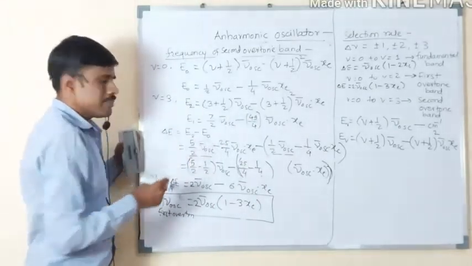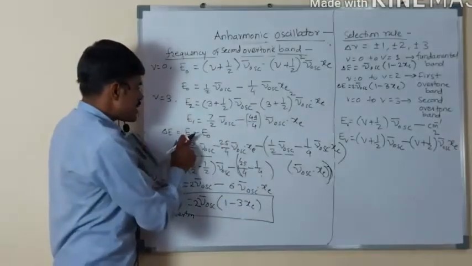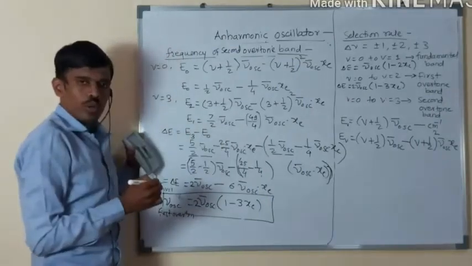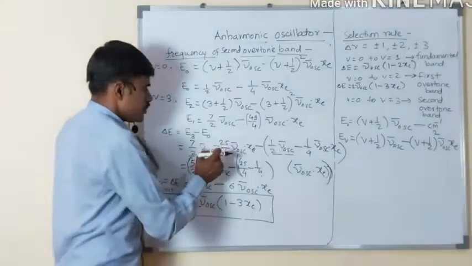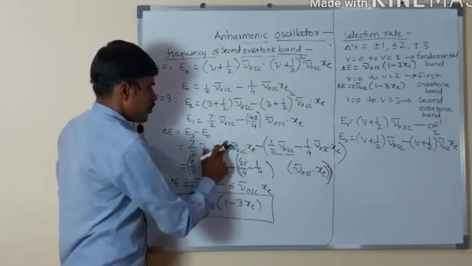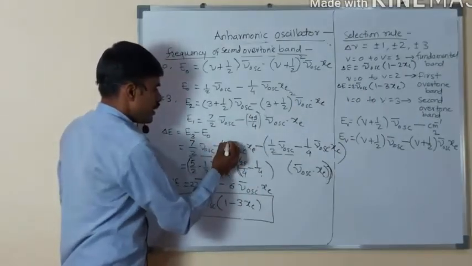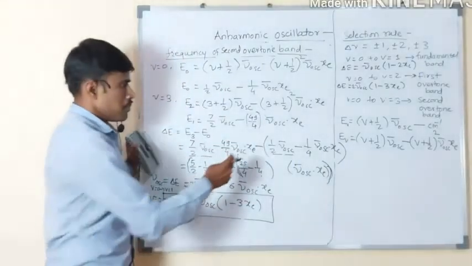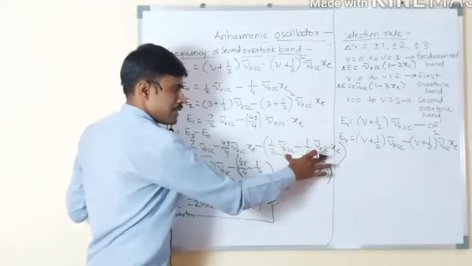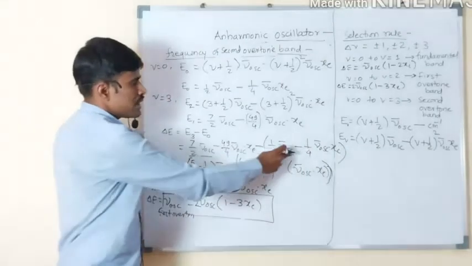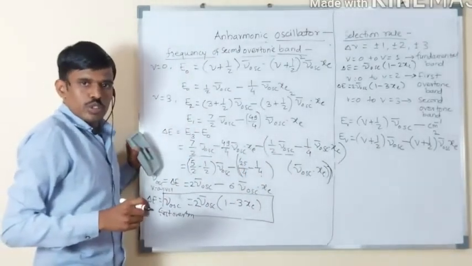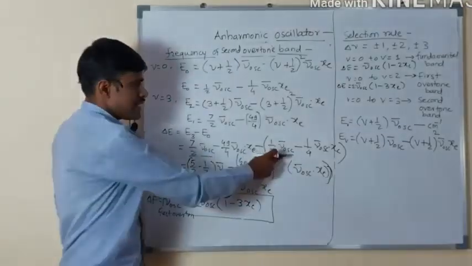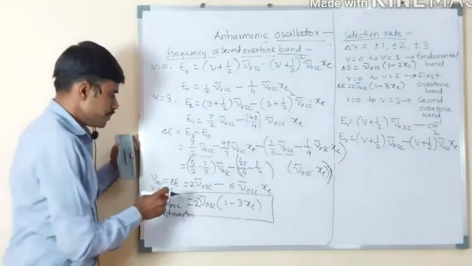Take these values here. So the energy difference E3 minus E0: put 7/2 here, 49/4 here, minus 1/2 ν̄. This value is the same because this is the value of the zero vibrational state. This is common in all bands.